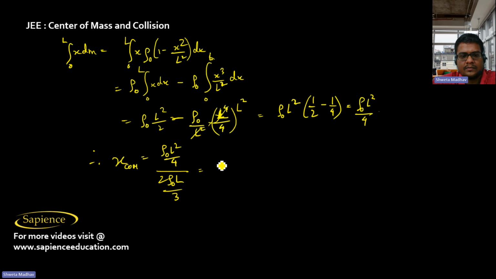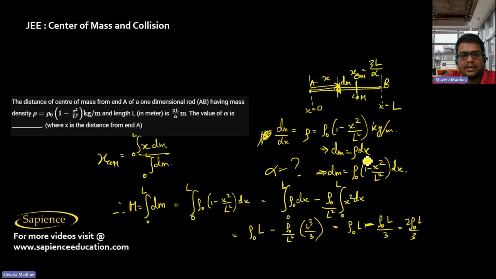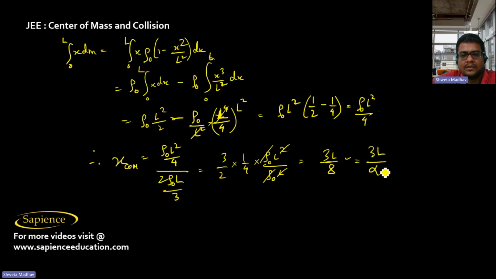So this will be 3 by 2 into 1 by 4 into rho naught L square by rho naught L. Rho naught will cancel, L will cancel. So this will be 3L by 8, which is given as 3L by alpha. So therefore alpha is equal to 8. So the value of alpha is 8.